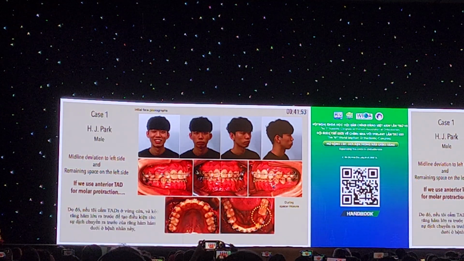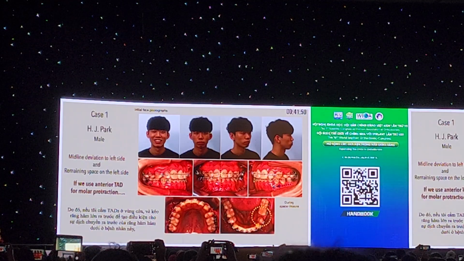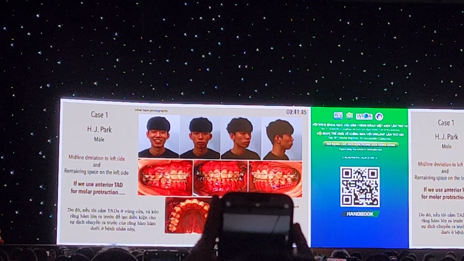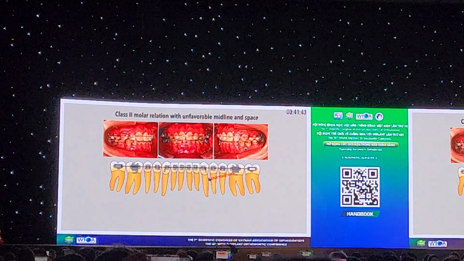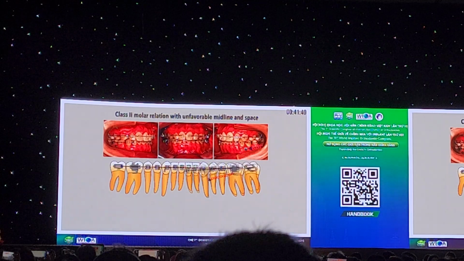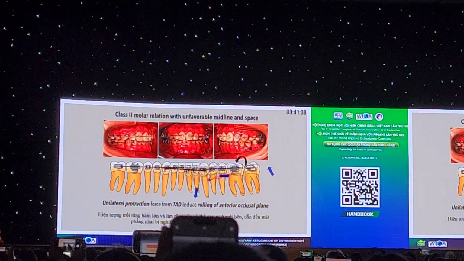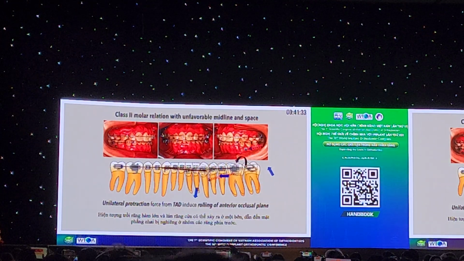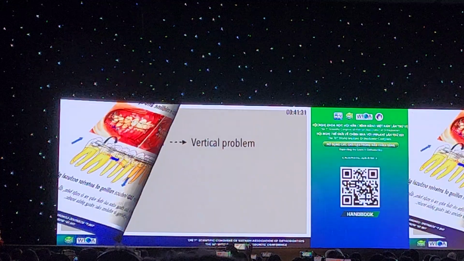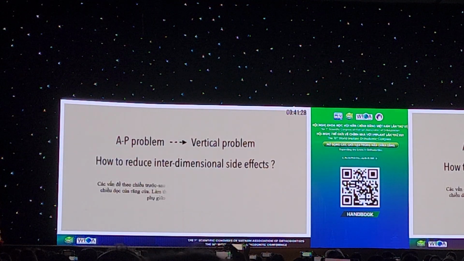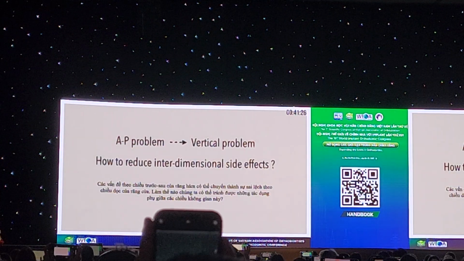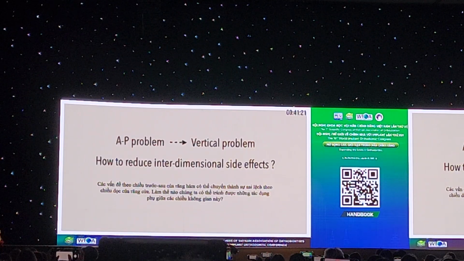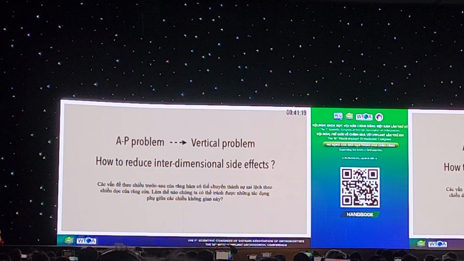Therefore, if one installs TADs in the anterior region and pulls the molars forward to facilitate the forward movement of the mandibular molars in this patient, it is possible that extrusion of the molars and intrusion of the incisors may occur unilaterally, resulting in a tilted occlusal plane in the anterior segment. The anterior-posterior issues of the molars can transform into vertical discrepancies of the incisors. How can we effectively avoid these interdimensional side effects?